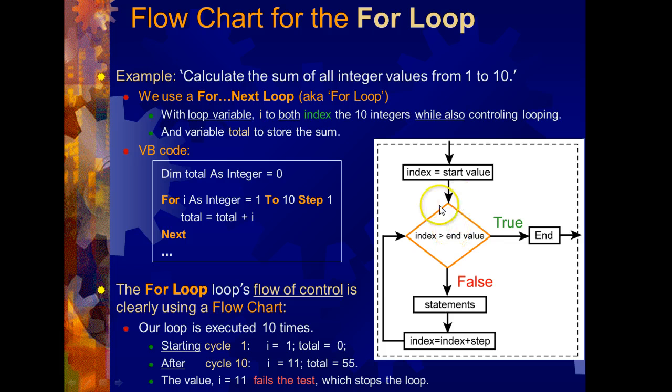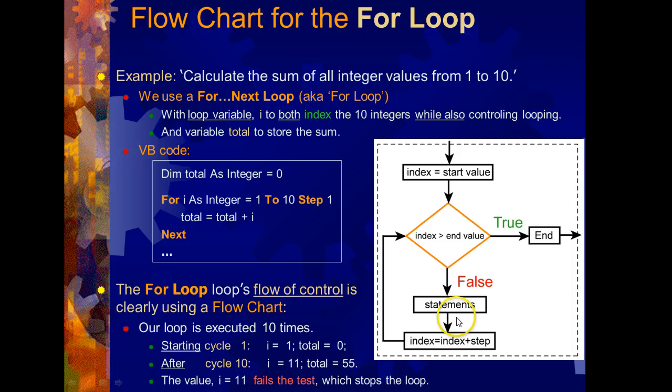And then we have a decision here, right? This diamond shape means a decision, and we check, is the index greater than the end value? So is it greater than 10? This is the end value. No, it's not greater than 10, so the test is false, and we execute this statement.